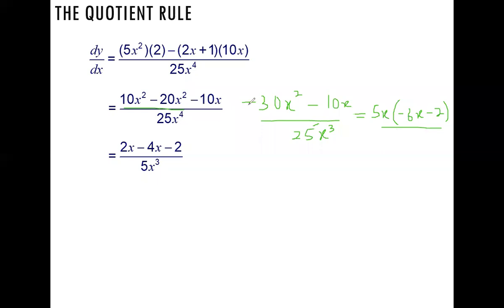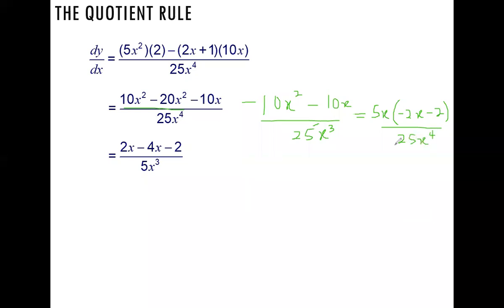Oh, sorry. This is positive 10, not negative 10. So instead of 30, we have negative 10. That's a little correction we have to make. So once we factorize, we get negative 2x minus 2 in bracket over 25x raised to the power 4.